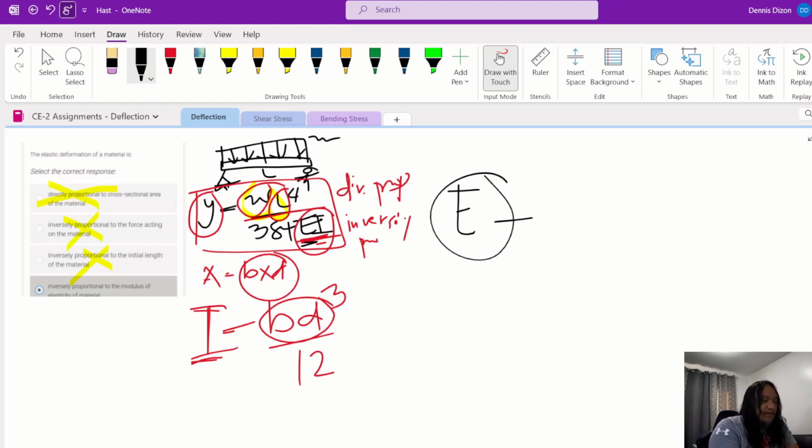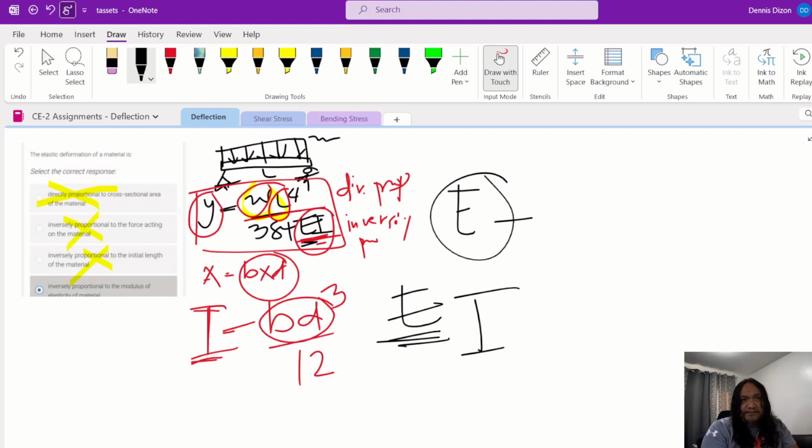So again, if ever one of the choices is either E, modulus of elasticity, or I, the moment of inertia, is inversely proportional to your deflection, then that is the correct answer.